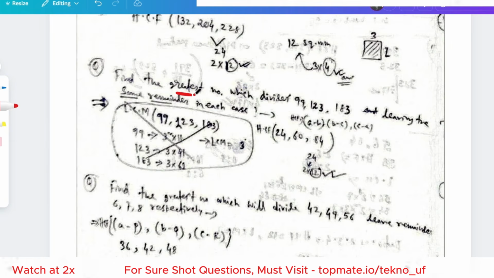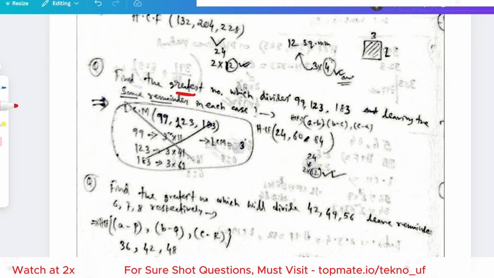But which formula to take? Here the number divides these numbers, leaving the same remainder. So you have to calculate the HCF of A minus B, B minus C, C minus A. This minus this, and this minus this, so you get the positive numbers and calculate the HCF of these using the difference method.